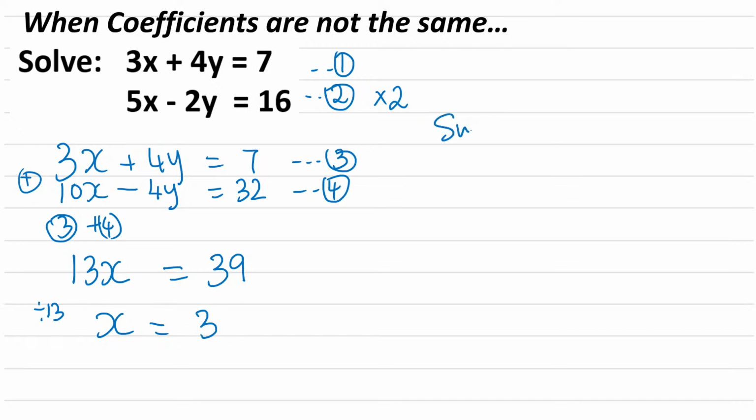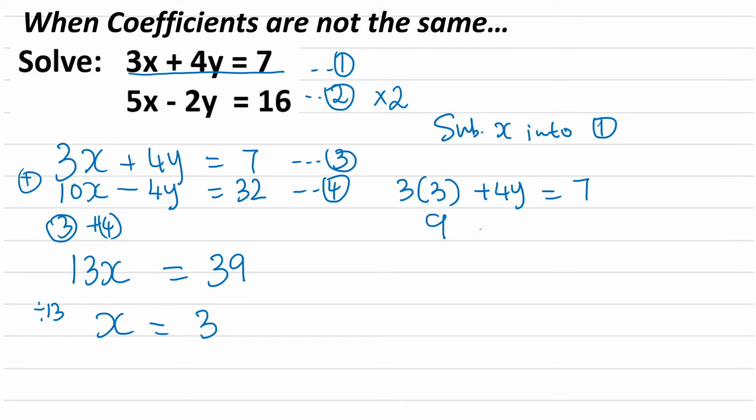Now we're going to sub x into, let's put it into equation 1, our original one. So we have 3, x is 3, so I'm using this equation, plus 4y is equal to 7. So 3 times 3 is 9, plus 4y is equal to 7. We're going to take away 9 on both sides.